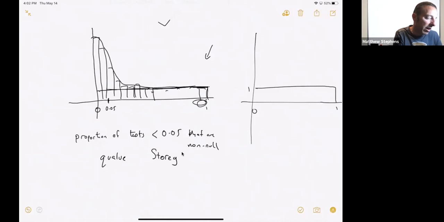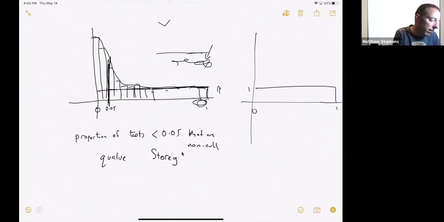I can't draw any higher than that up here, because otherwise I would have seen more p-values here, right? Which I didn't. So the histogram limits how high I can draw that uniform. So I'm going to draw it as high as I can to be conservative. That's the idea.